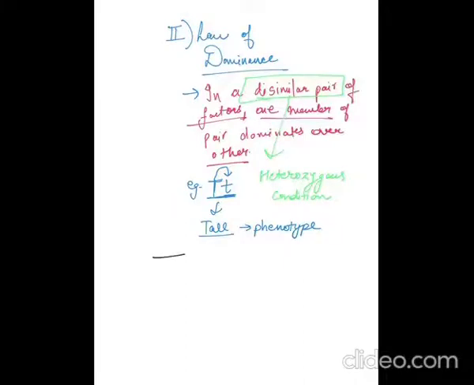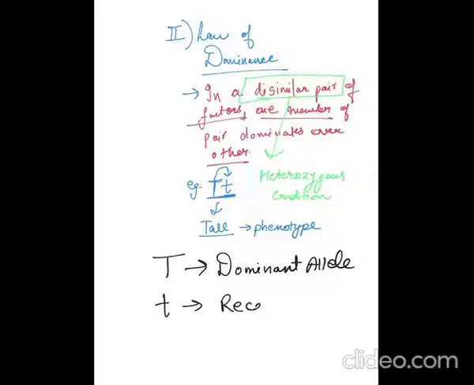So here, capital T is the dominant allele because it suppresses expression of another, and small t is the recessive allele, as its expression is suppressed by the dominant allele.